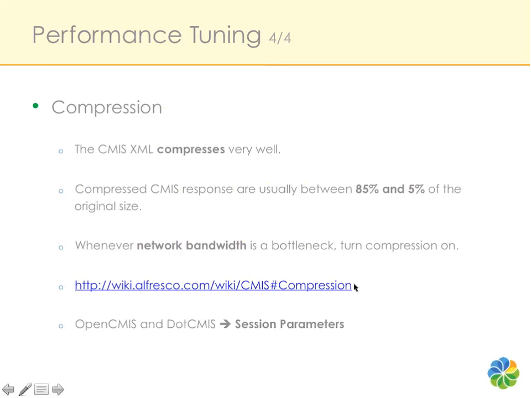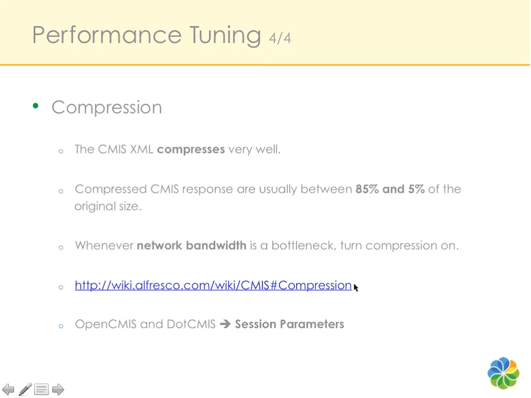And the last tip is compression. The CMIS XML compresses very, very well. Usually you can get 85 to 95% of the original size, so that's quite a lot. So if the network bandwidth is a bottleneck, compression can make a huge difference.